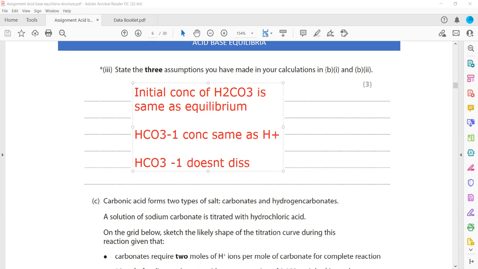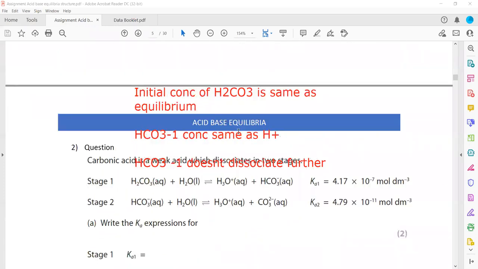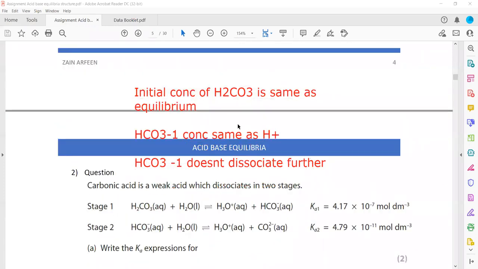Because what will happen when we calculate the value for HCO3-, as you can see, first H2CO3 will dissociate into HCO3-, and then HCO3- will dissociate into CO3 2-.